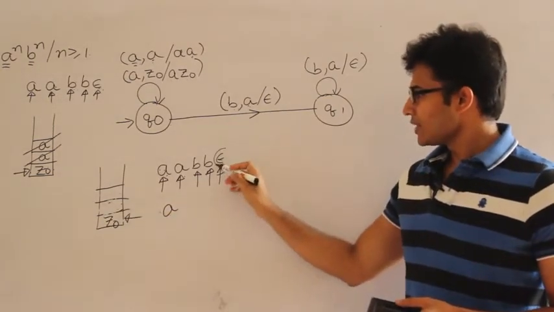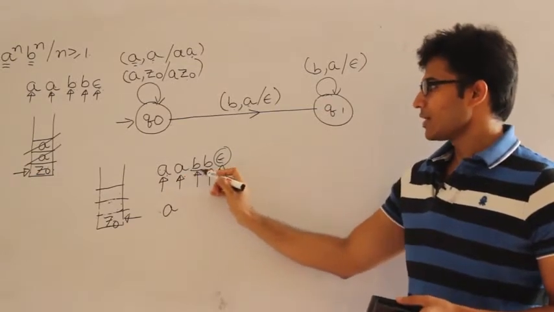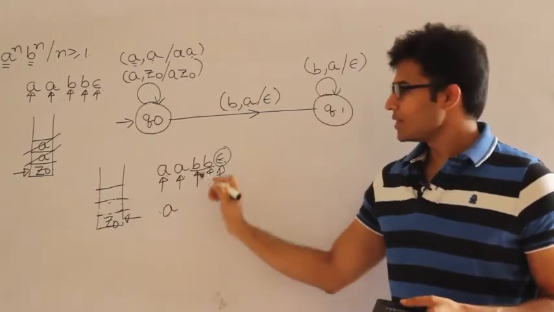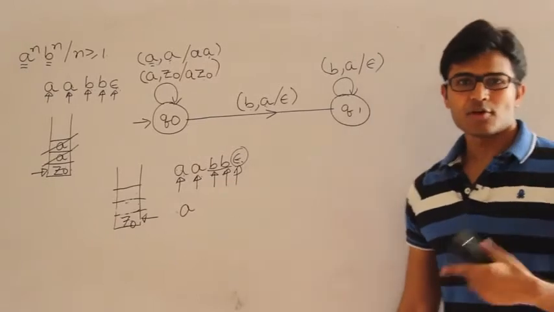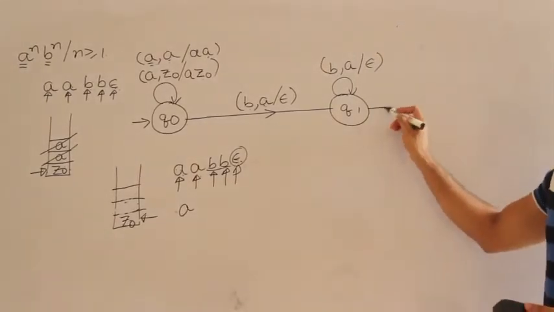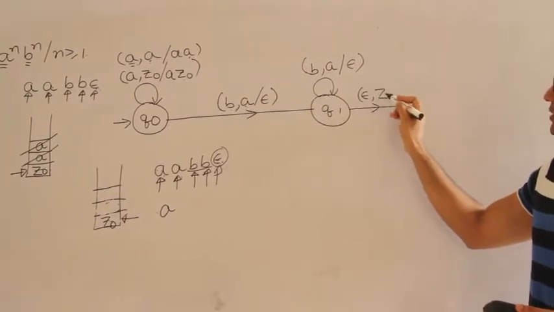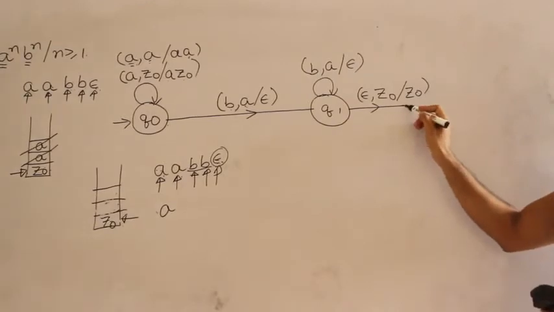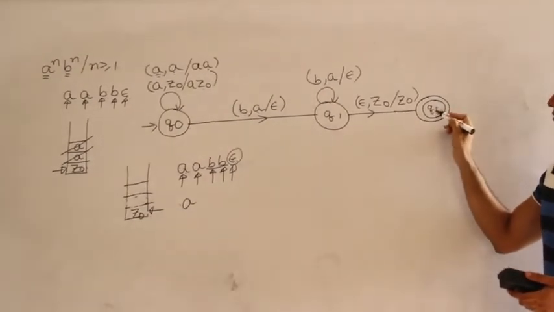Whenever you see epsilon, it means that the entire string is over, which means the B's are over. And whenever you see epsilon comma Z0, it means B's are over as well as A's are over, which means number of A's and number of B's are equal. So in this state, if you see epsilon comma Z0, then you could leave Z0 as it is and you could accept it, QF, right?